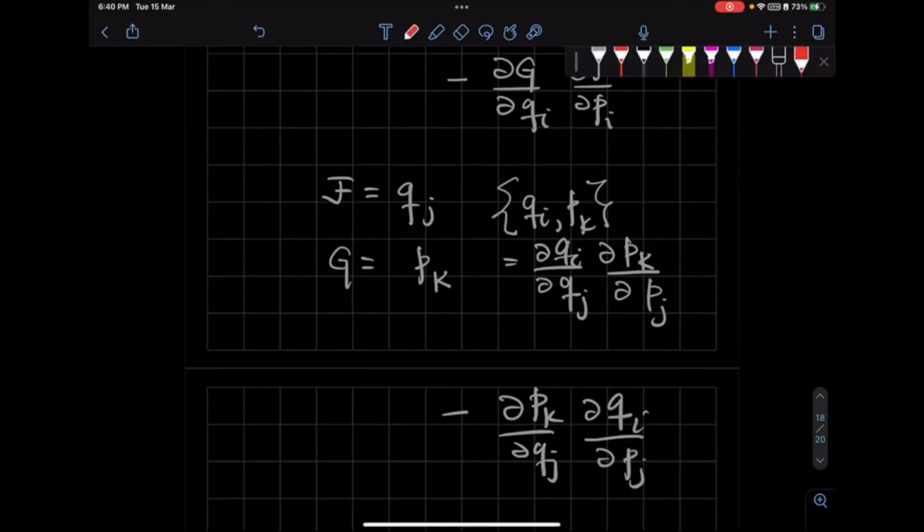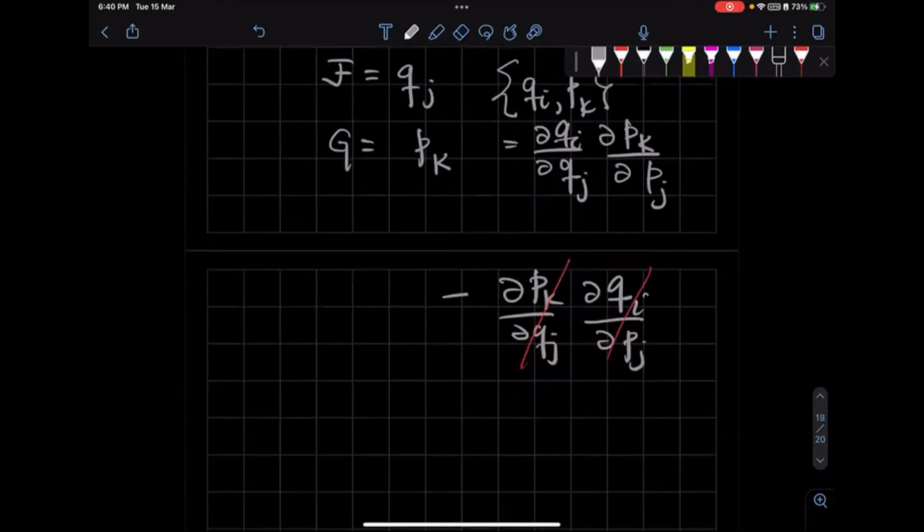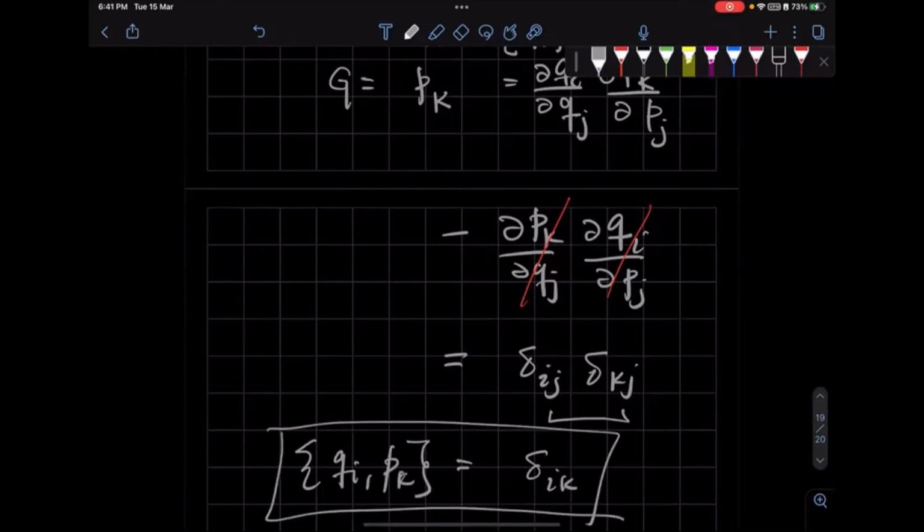So the second term, because q and p are independent variables, we are assuming them to be independent in classical mechanics, is going to be 0. And so the first term is going to give me delta ij, the Kronecker delta, and the second factor is going to give me delta kj. And there's a sum over j. And using that fact, we have delta ik. So we see that {qi, pk} is equal to delta ik. Okay?